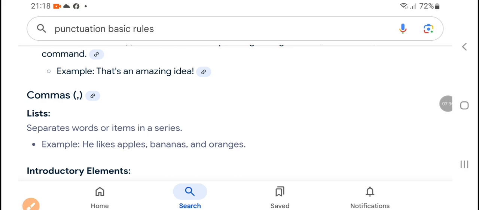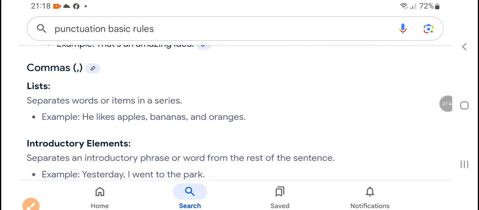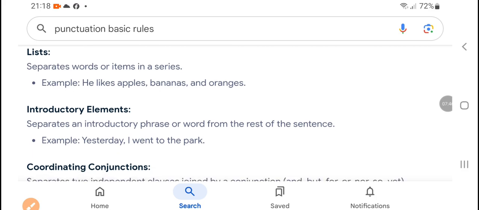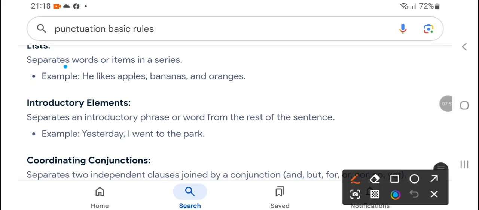"Go and collect the material!" for example. Now the comma lists separate words or items in a series, right? So please take care, words are separated by a comma, or different items in a series. "He likes apple, banana, and oranges."